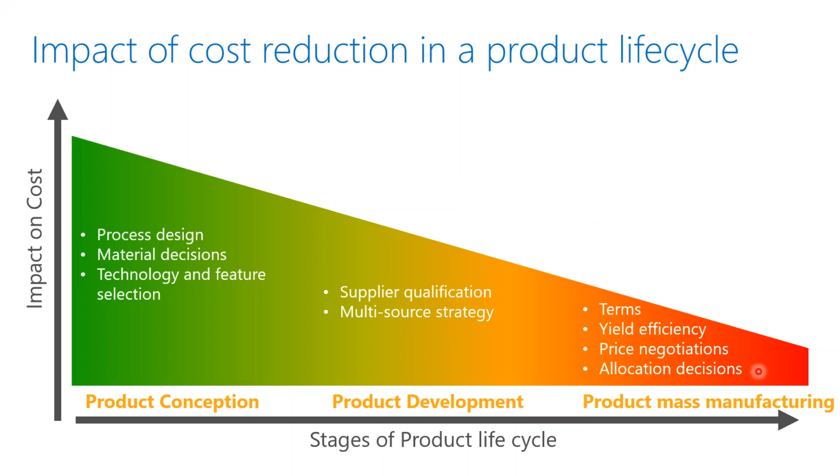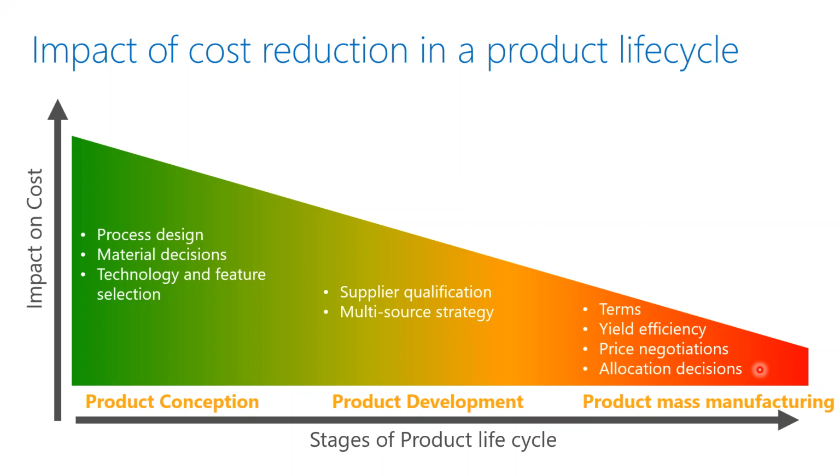For example, you can increase the share of a low cost supplier and reduce the share of a high cost supplier. But all in all, in product mass manufacturing, cost reduction is more transactional. It generally gives not much cost reduction, maybe 1 or 2% a quarter. If you can get that, it would be great.